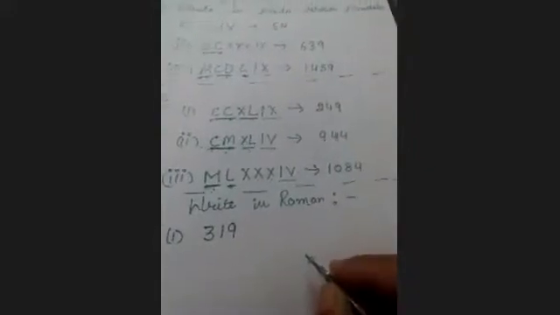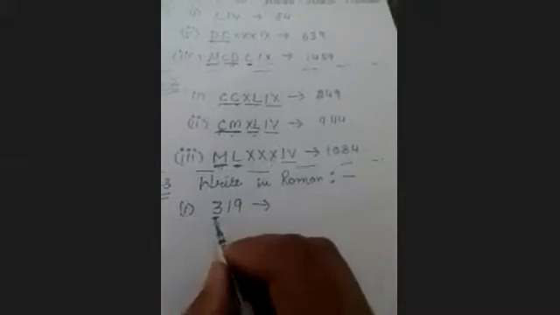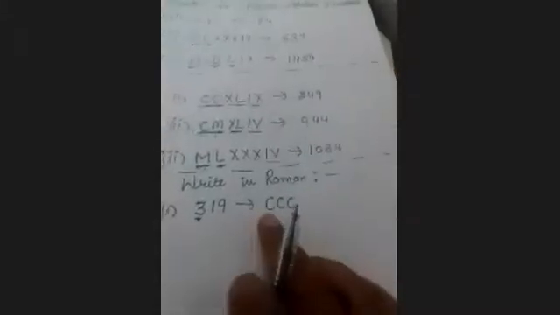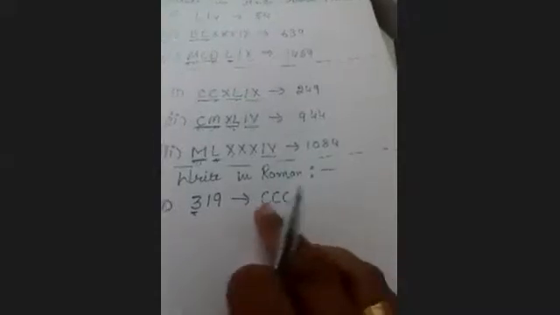First we write 300. For 300 we use CCC. We can repeat one letter in Roman numerals 3 times.